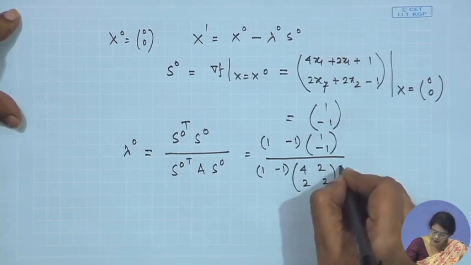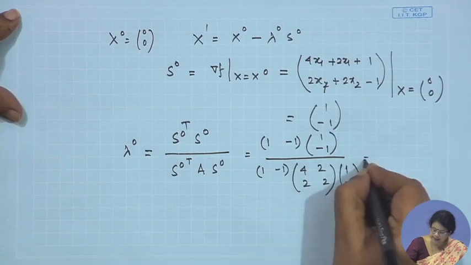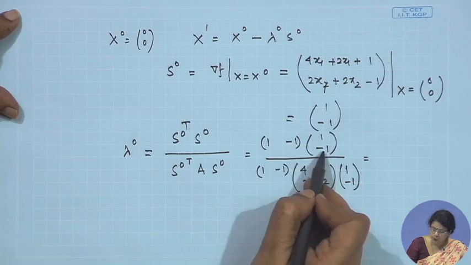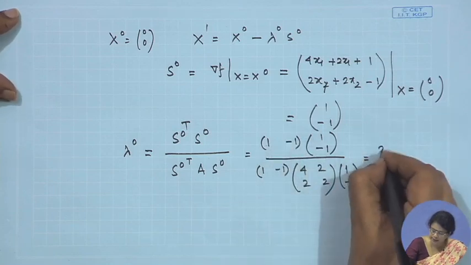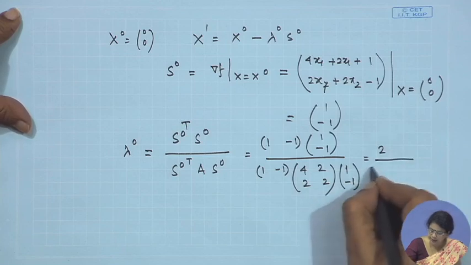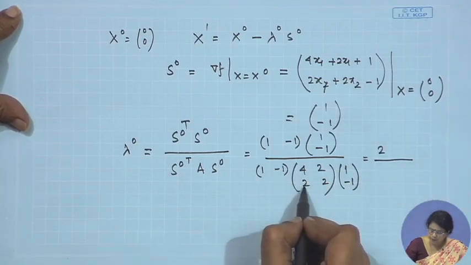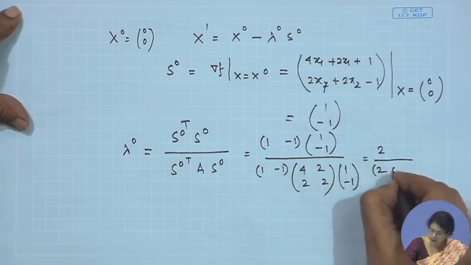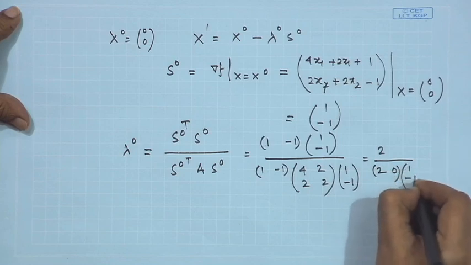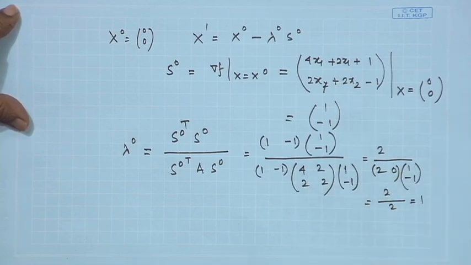If we calculate, the numerator is 2, and the denominator is 4 minus 2 minus 2 plus 2, which is 2. This is equal to 2 divided by 2, which is 1.